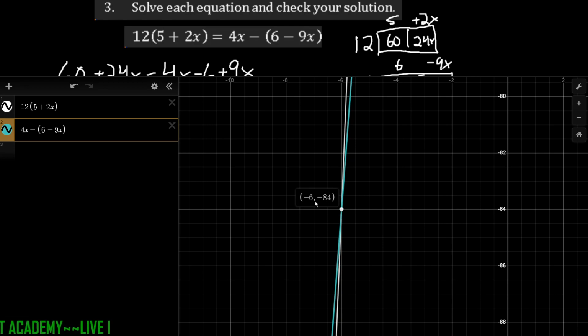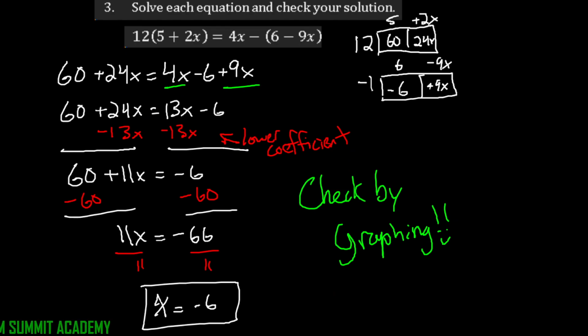But at the point x equals negative 6, both equations are equal to negative 84. So just be careful when you're looking at this point. We're saying x equals negative 6 is our answer, which is why in our work we said that our answer is negative 6.